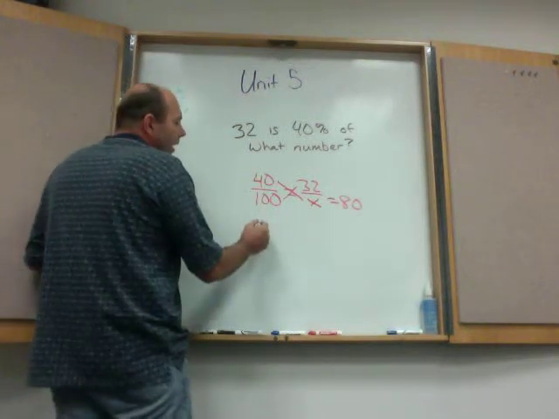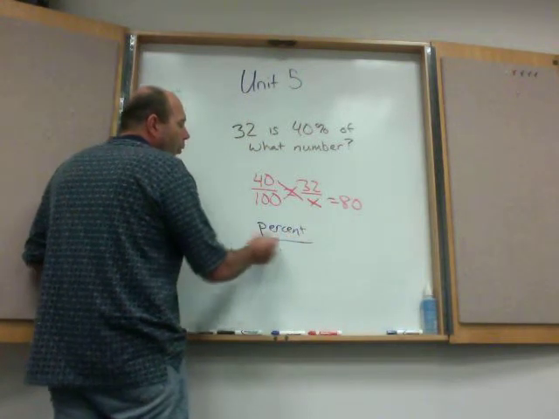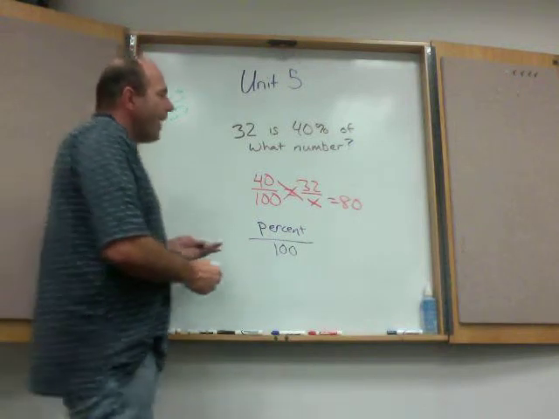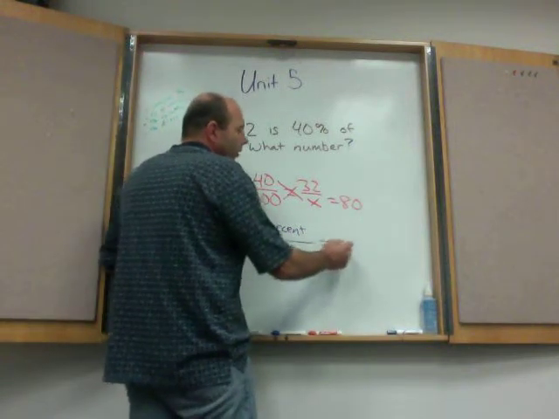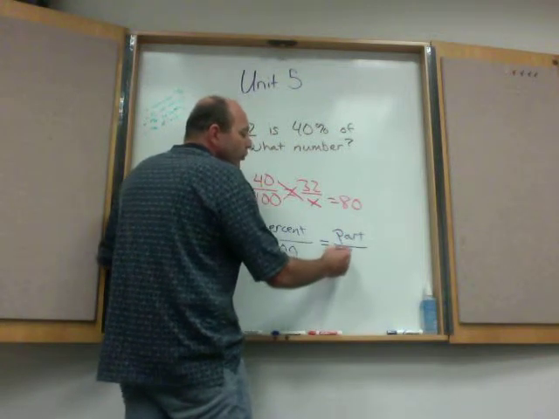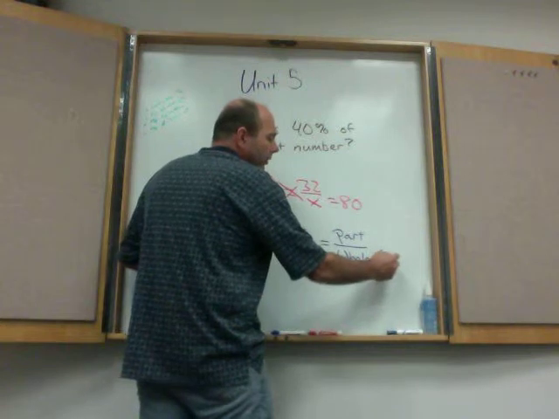But if you always have your percent over 100, and on this side, you're going to have the part to the whole, or the total. Let me put total in parentheses here.